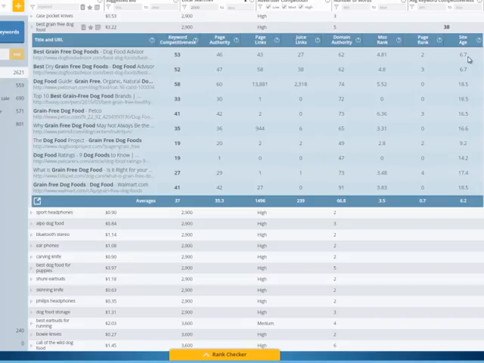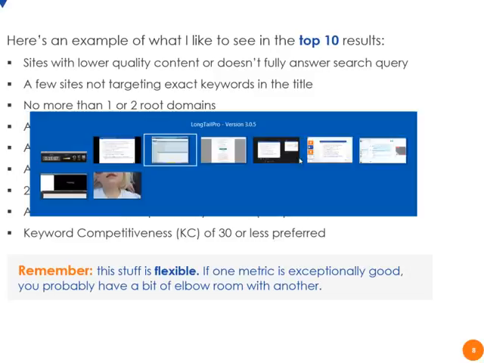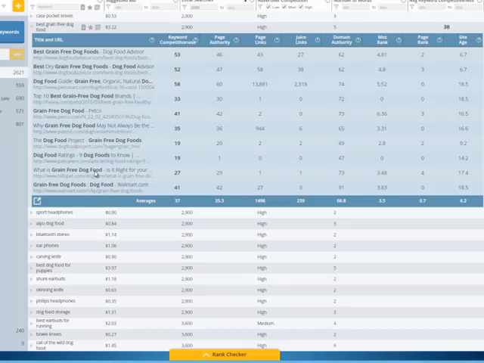Site age is telling me the same thing. We've got old authoritative sites dominating the top 10 results. Weaker types of sites, I'm not seeing that. I've got PetSmart, the same dog food advisor, which we know is an old authoritative site.